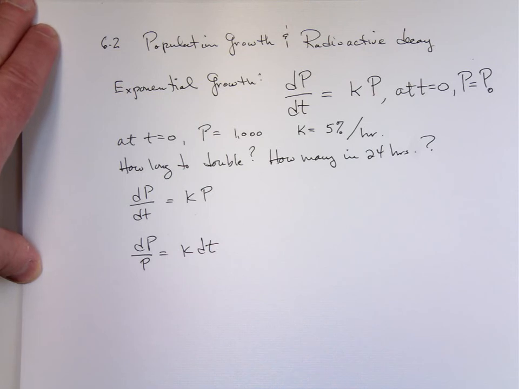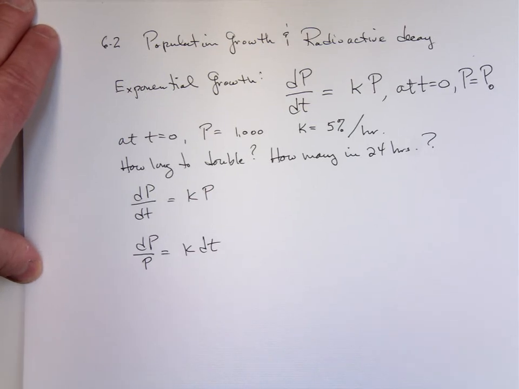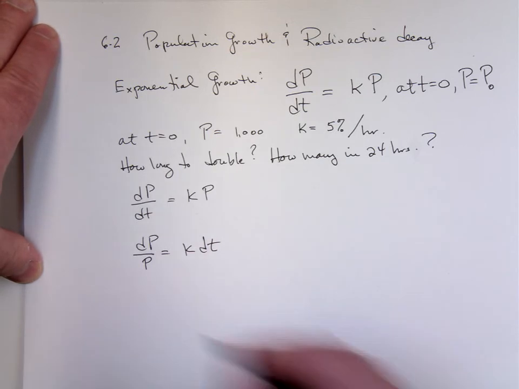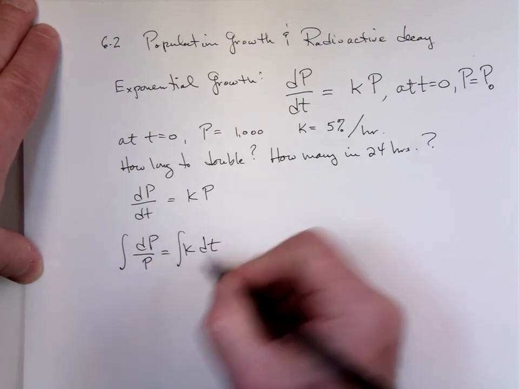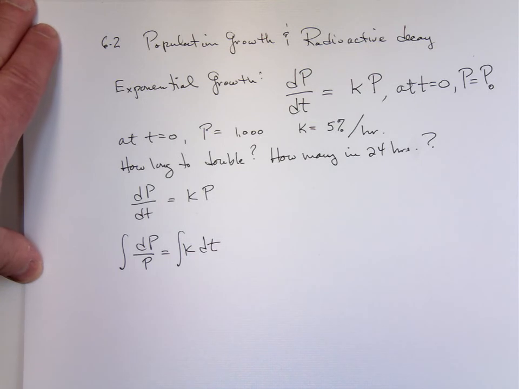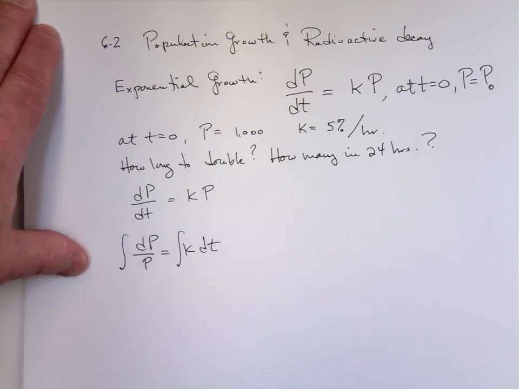You separate the variables, and then you take the antiderivative of each side. Now, what's the integral of dp over p, 1 over p dp? That's the natural log. It's the natural log of the absolute value, but our population is never negative, so we don't need an absolute value here.